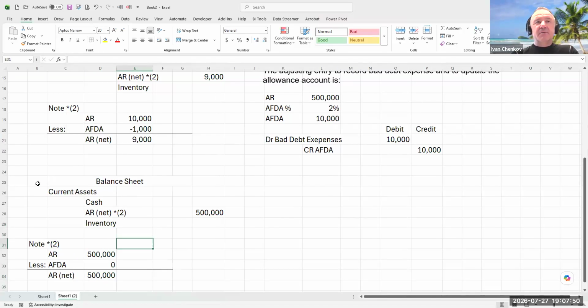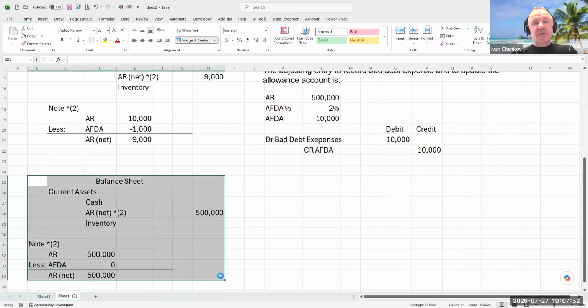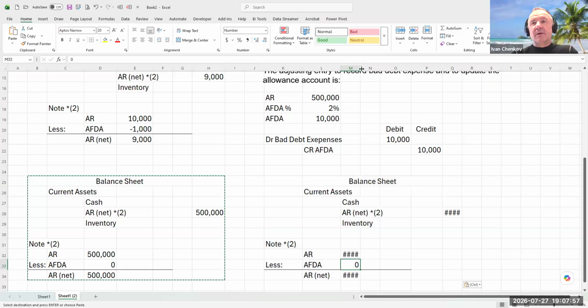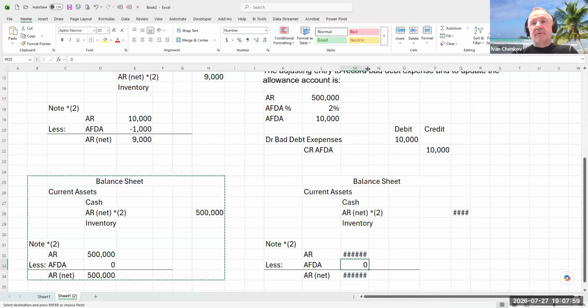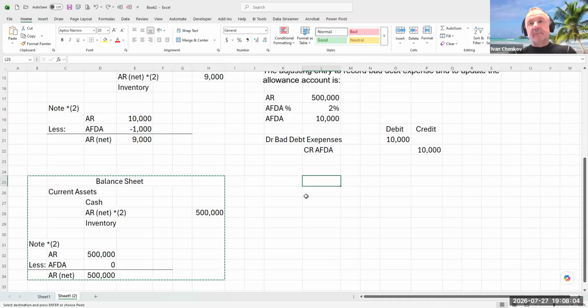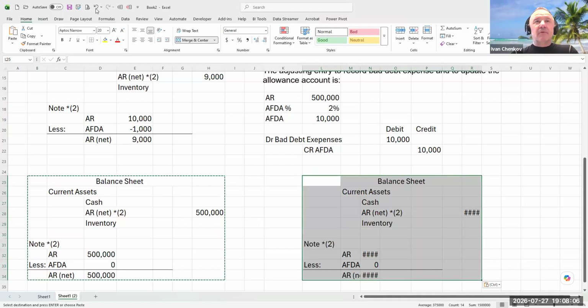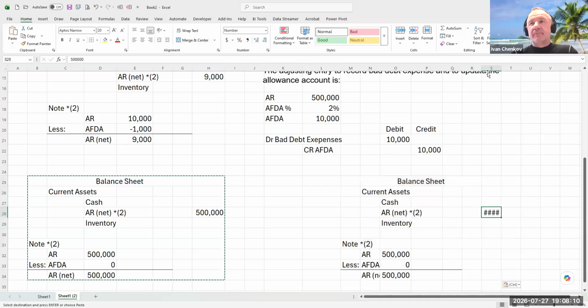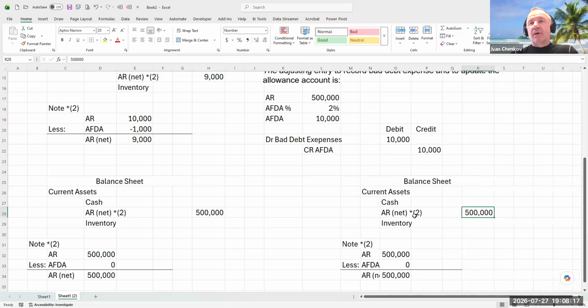After we do this journal entry, we're going to have the following information on the balance sheet. We're going to have accounts receivable net of 490,000.